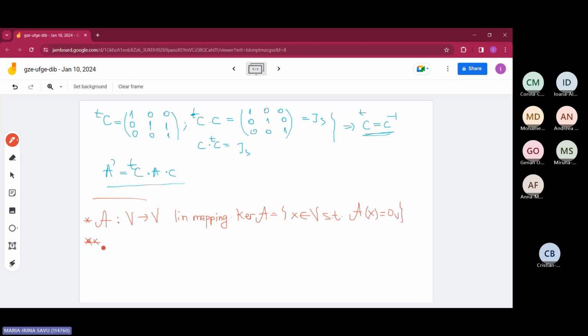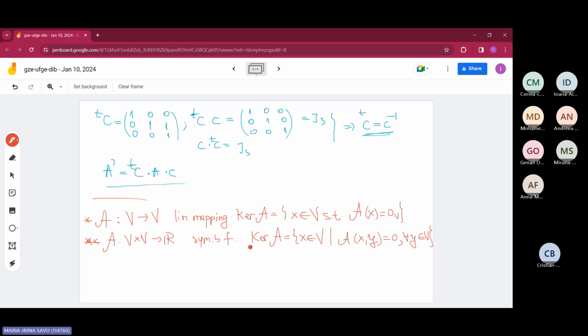If A defined on V cross V with values in R is a symmetric bilinear form, then the kernel of A is defined as the elements X having the property that A of X and Y is 0, as a number, for each Y in V. Because you have two arguments here, and this is why the definition is modified.